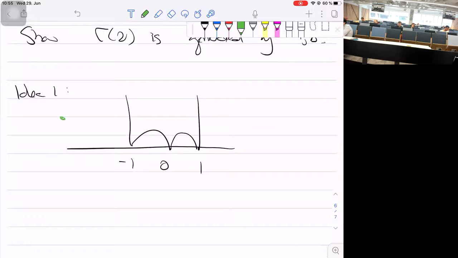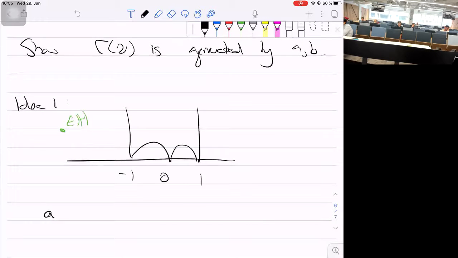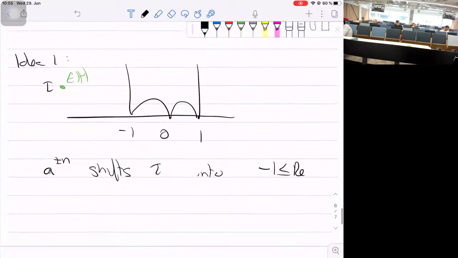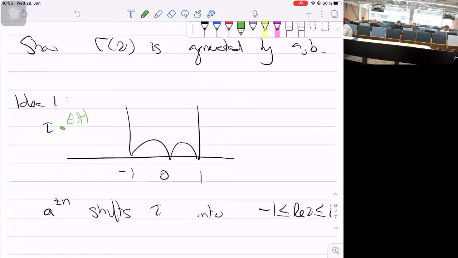Now, if you take some random point in the upper half plane, you can certainly use the generator A, the translation by 2, some power of it, to shift tau into the strip with real part between -1 and 1. So maybe by doing these translations by 2 you would eventually land somewhere in this strip.